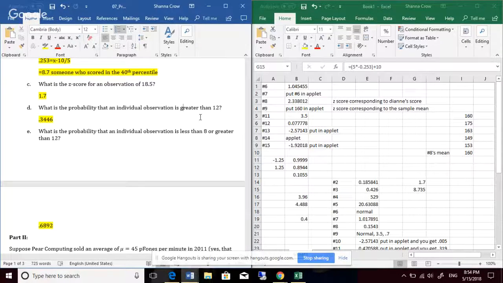The first thing you're going to do is find the z-score, or you'll use that formula to find whatever it is asking you. It's usually going to ask you for the z-score. And then you'll take it to the applet, and the applet will give you your answer.